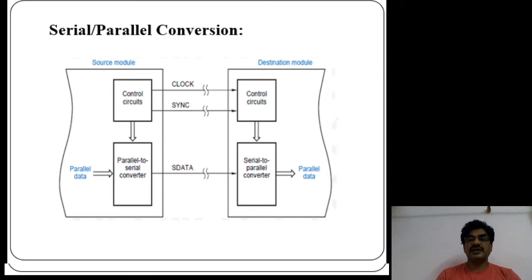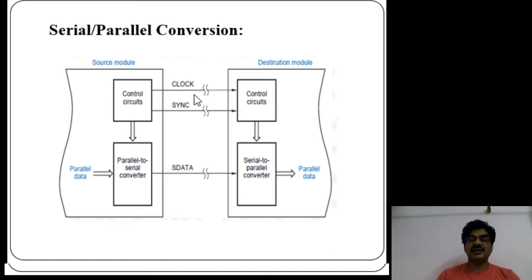So at the source module, before transmitting in serial mode, it has to convert the parallel data into serial. Similarly, at the destination module, the received serial data should be converted into parallel. In addition to this serial data signal between the source and destination modules, there are two more signals you can observe here.